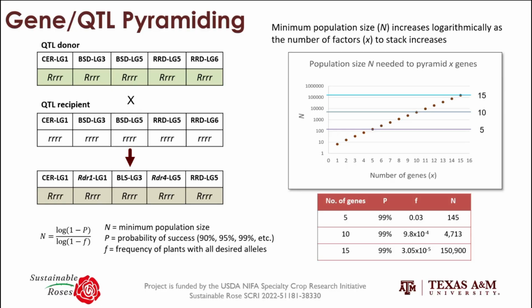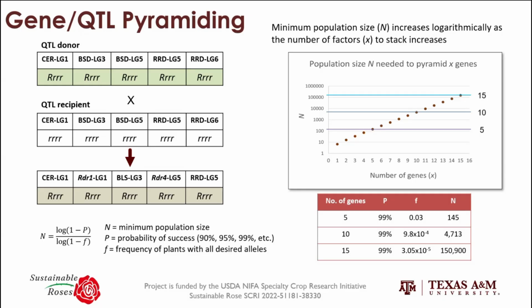And this is what this busy slide shows. This is the equation to calculate the minimum population size to obtain a segregant of a particular genetic architecture. So if you want to pyramid, or put together, 5 genes, you could do that in 145 individuals, meaning that if you grew at least 200, at least 1 or 2 would have those 5 genes transferred from one donor to a receptor.